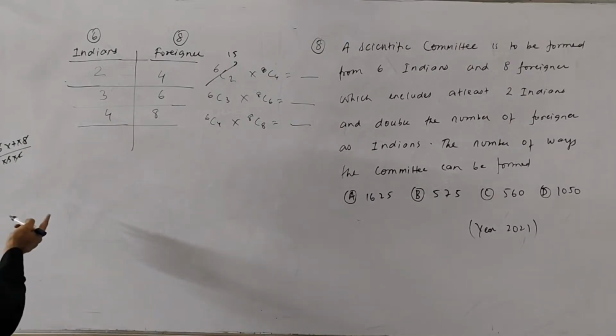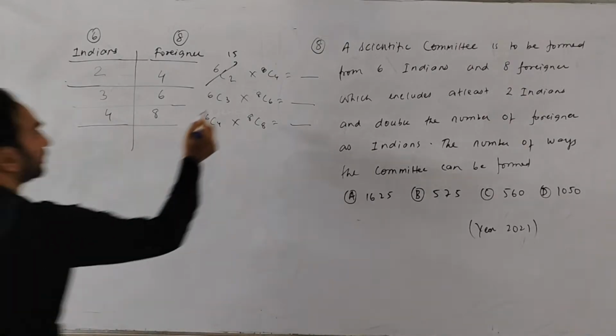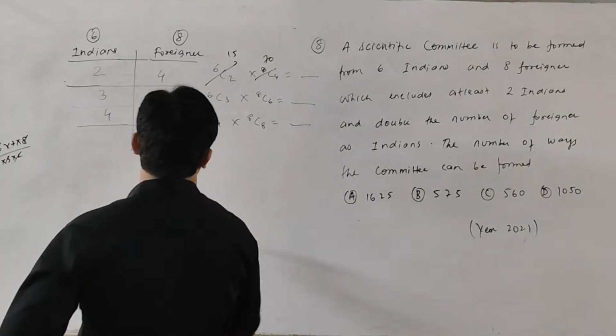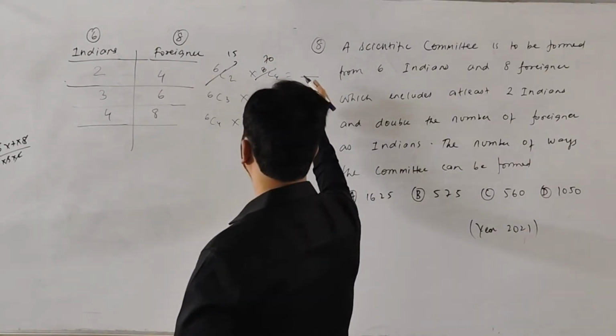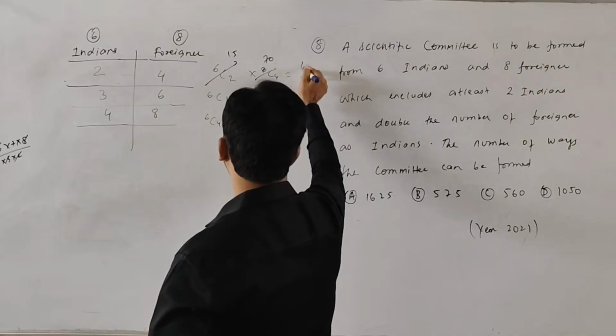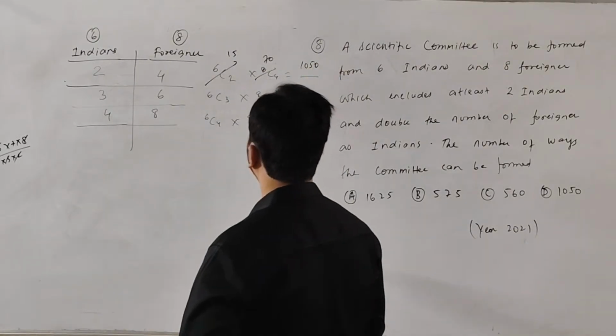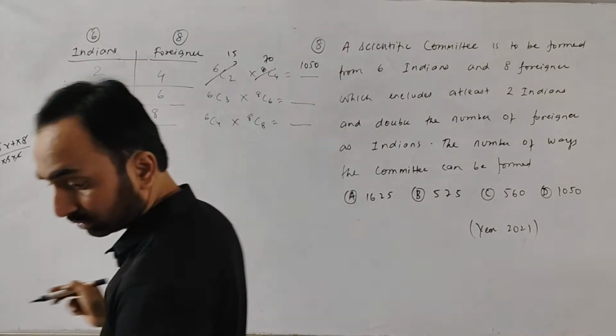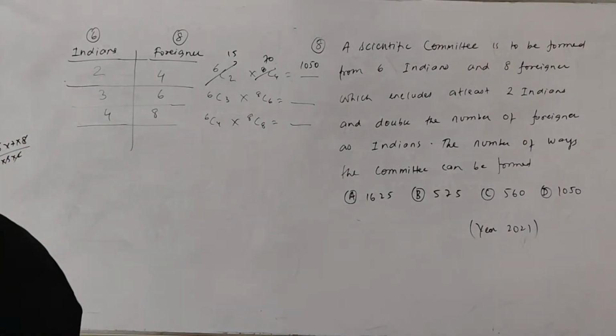So this is 70, right? So 15 into 70 will become 1050. So the first one is, I think, 1050. Correct.